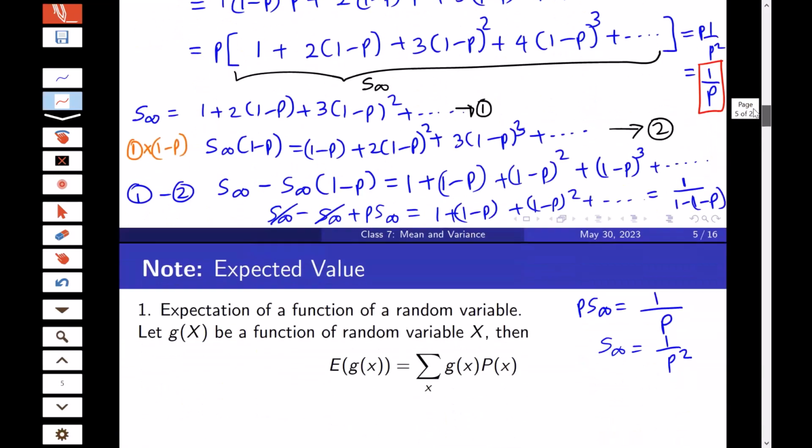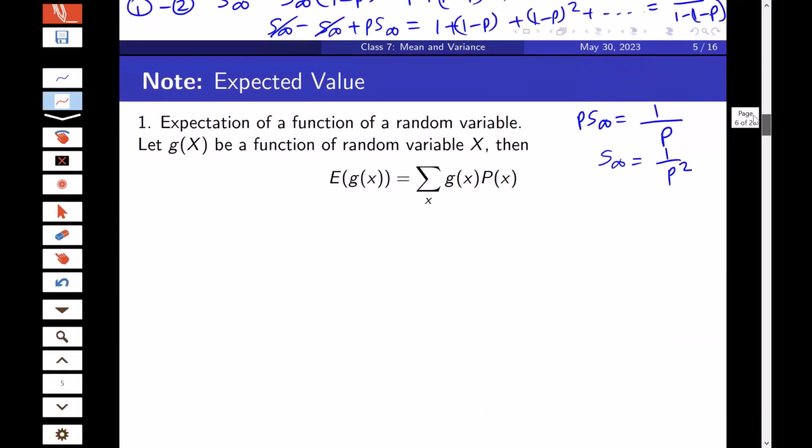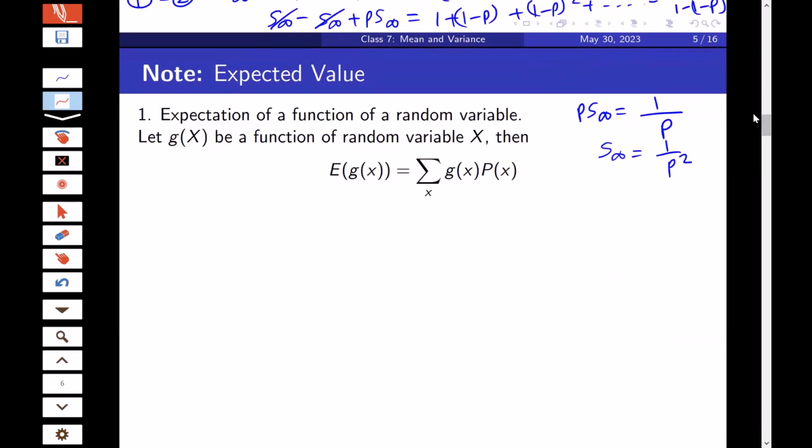Okay, now I'm going to discuss a few more notes related to expected value. So the first note is the expectation of a function of a random variable.